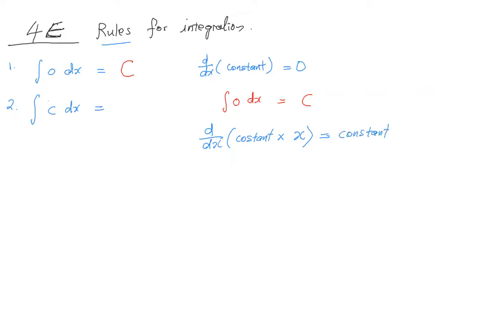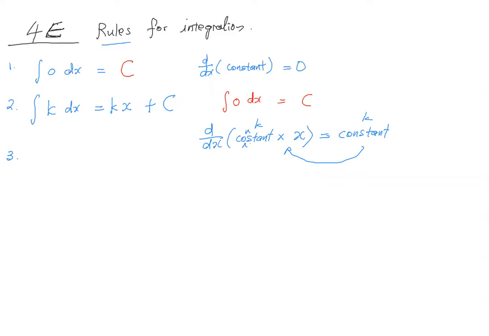So I try to write the constant as k. So this is k, and I will get back k. So when you integrate the constant, what do you get? You get the constant times x plus another constant. So this is the second thing.